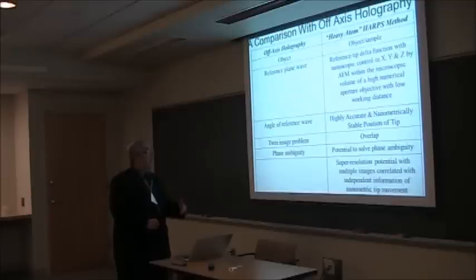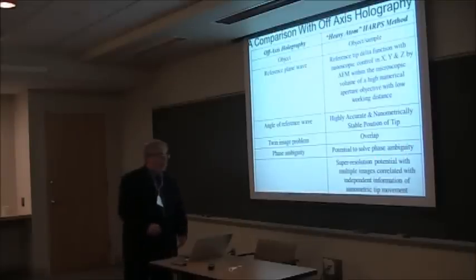It has highly accurate and nanometric stable positioning of the tip, unlike angle of reference waves. It has overlap, like the twin image problem in holography, okay? It has a potential to solve phase ambiguity, and it has, we believe, but not proven, a super resolution potential.